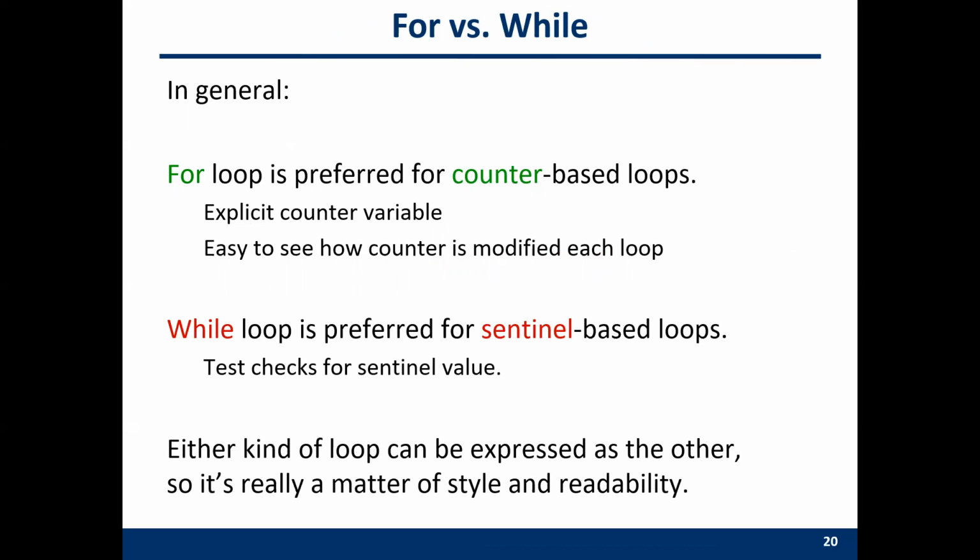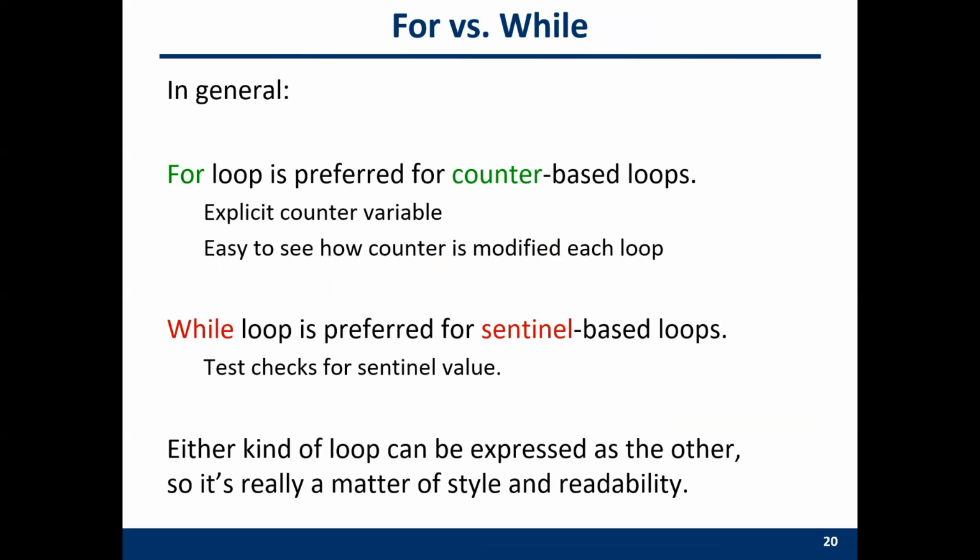So if you have a counter, then you may prefer the for loop, because you can easily use the counter to control this loop, and you can clearly write how the counter is modified inside the loop. If you only have a condition, then the while loop is preferred.